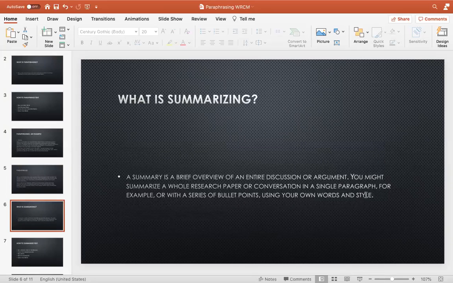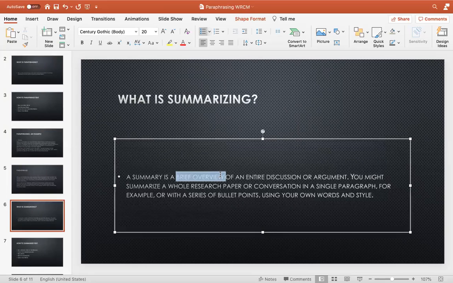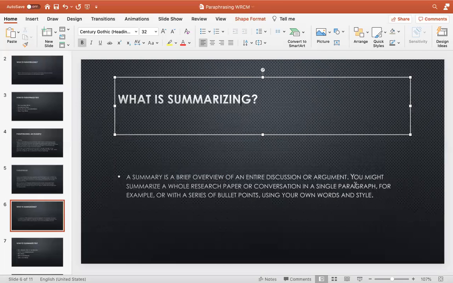conversation in a single paragraph, for example, or with a series of bullet points using your own words and style. Okay, so one immediate difference from paraphrasing is that summary is a brief overview of an entire discussion. Paraphrase is not brief.